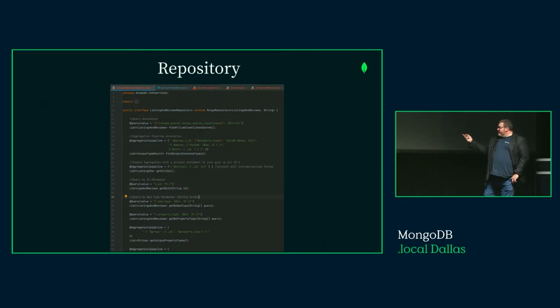But if we have custom business logic, we can write functions for it. We can write queries inside of our functions. We can do things like annotations with a query annotation and write aggregation pipelines and find statements and whatever we want to do to create that custom logic that goes beyond our standard CRUD operations.